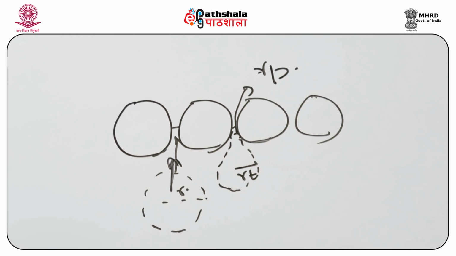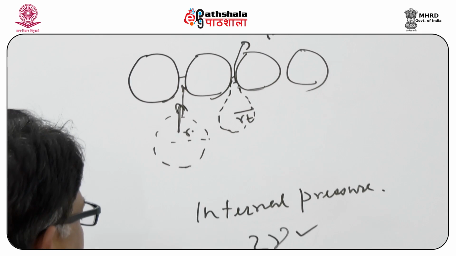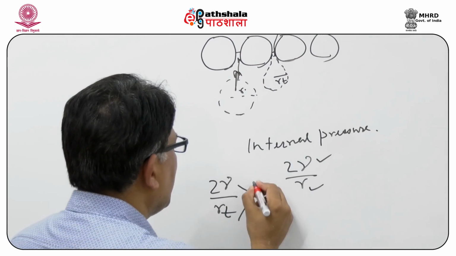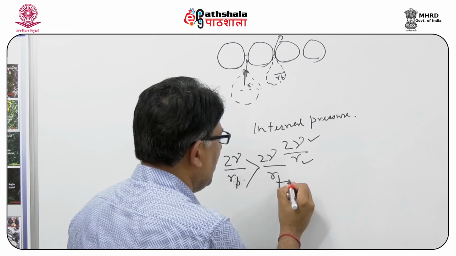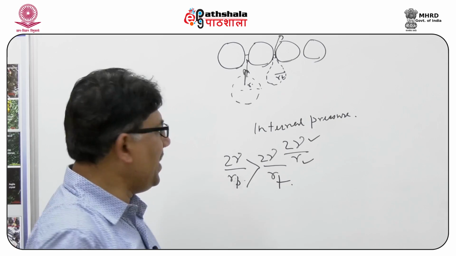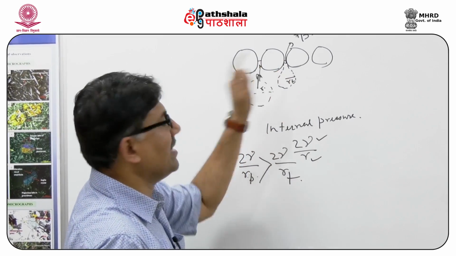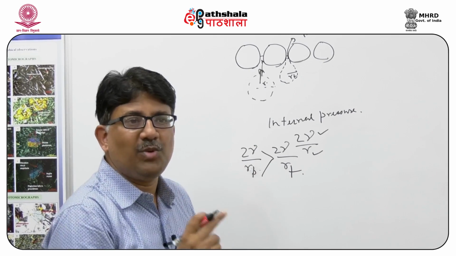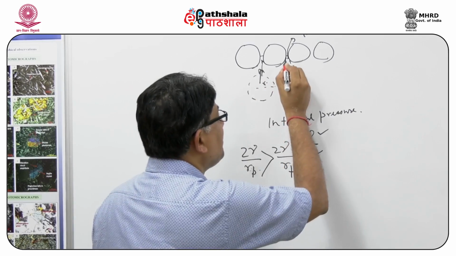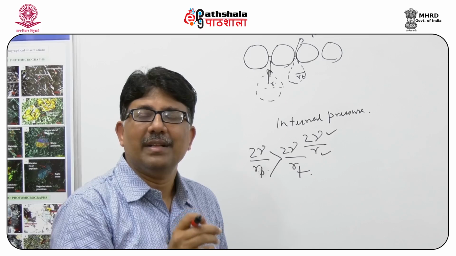There are two different kinds of radius that are developed. Then what we get is that 2 gamma by Rt will be more than 2 gamma by Rp, because Rt is larger than Rp, and this higher internal pressure will try to drive this globule more upward against the pore water that is there.